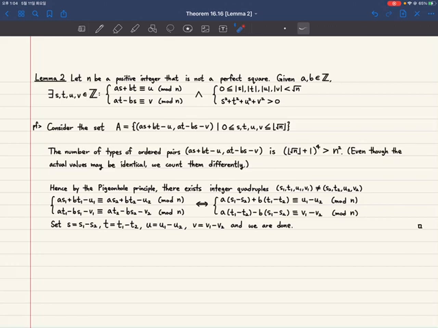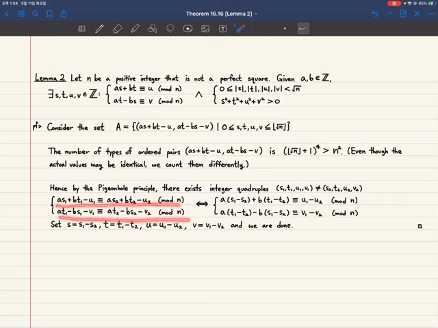Therefore, since the number of types of ordered pairs is greater than n squared, we can use the Pigeonhole principle: there will exist integer quadruples (s1, t1, u1, v1) not equal to (s2, t2, u2, v2) such that these two are congruent modulo n.